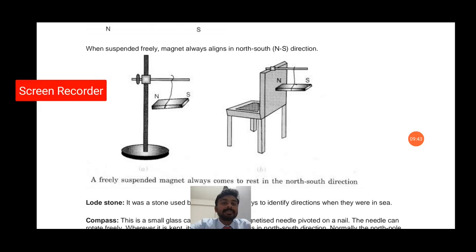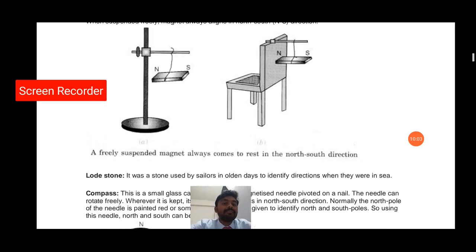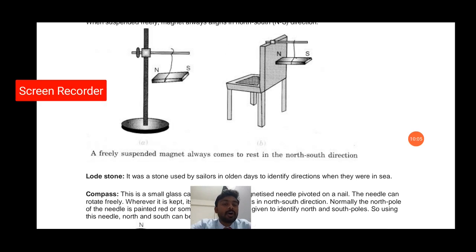See, when suspended freely, a magnet always aligns in the north-south direction. It means NS direction. N means north, S means south. In this direction only the magnets are present. Okay. Freely suspended magnets always come to rest in the north and south direction.